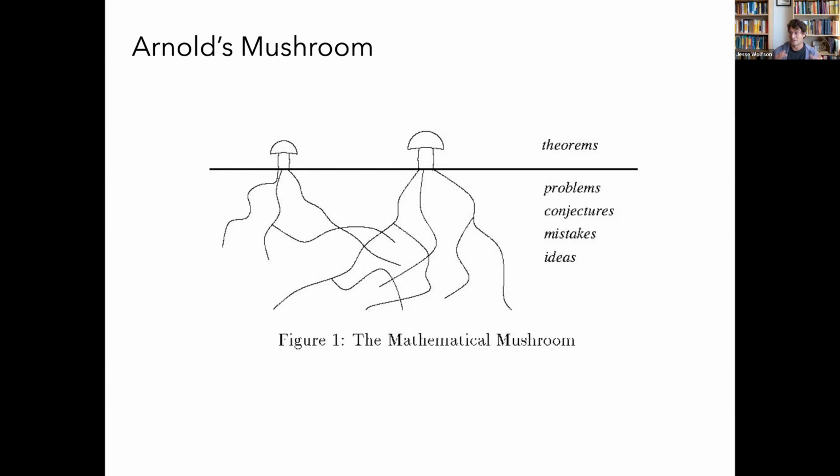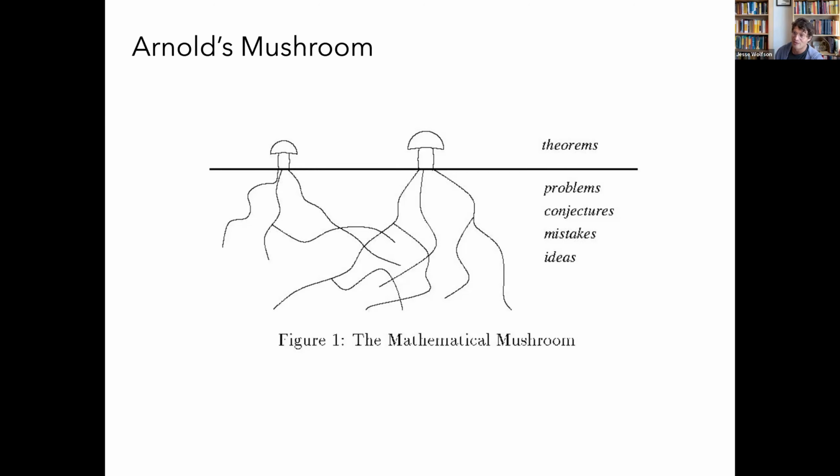And most of it is just not something that's accessible to us. In order of greater structural importance and greater inaccessibility, or however you want to read this drawing, Arnold said, theorems are the little tiny things that the organism puts off from time to time to propagate itself. But the actual organism itself consists of problems, conjectures, mistakes, and ideas.